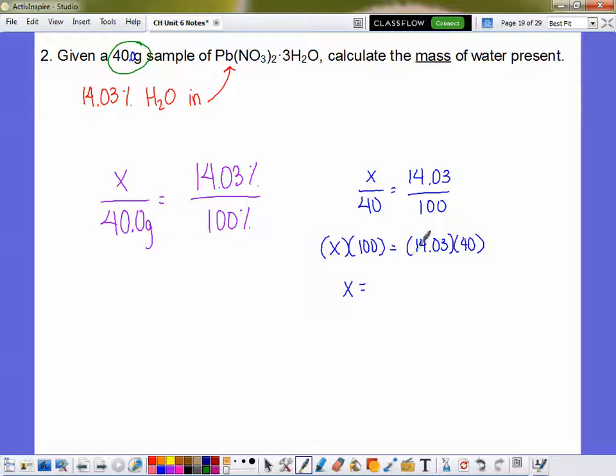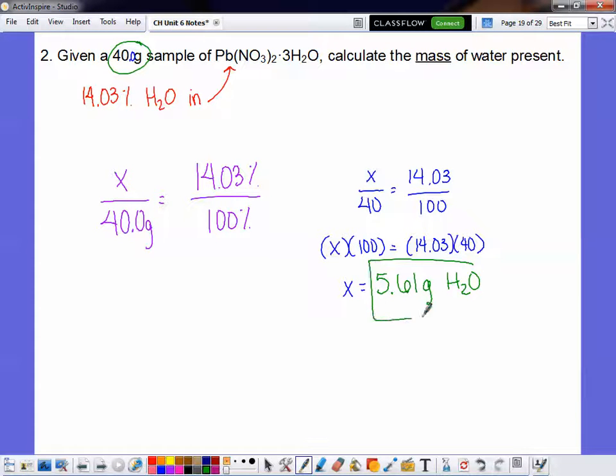So 14.03 times 40 divided by 100, rounded to 3 significant figures, is 5.61, and our units are grams of water. So in this entire 40-gram sample, we're going to have only 5.61 grams of water. The remaining mass will be the lead-II nitrate.